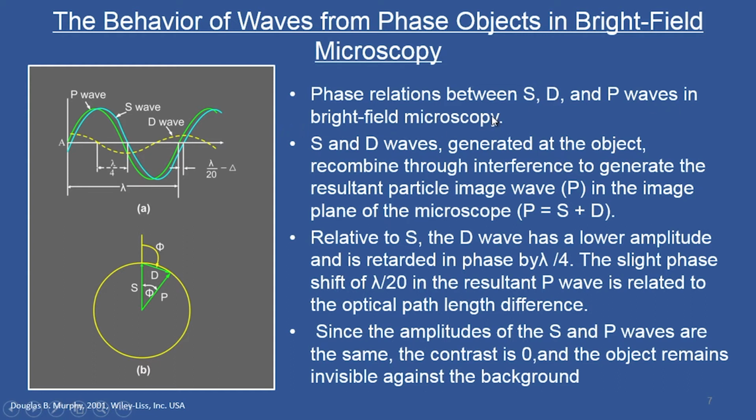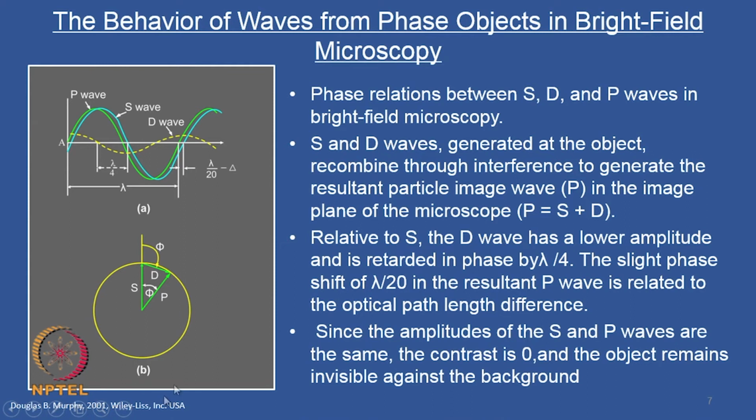Please understand, it is also important, as we have seen in some of the introductory concepts like coherence of illumination, that S, D and P have specific phase relations. That comes from the coherence of illumination.